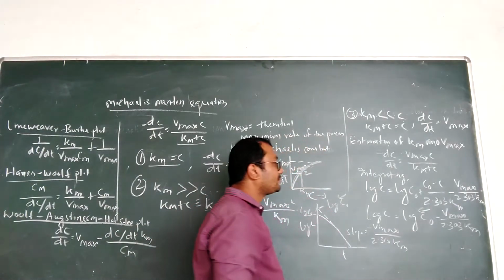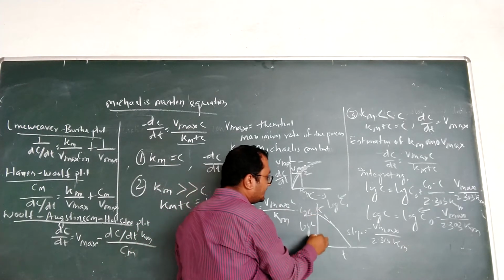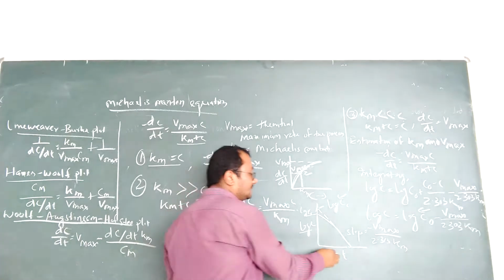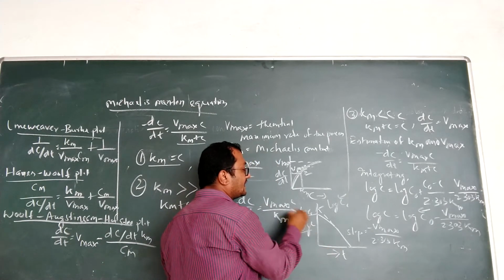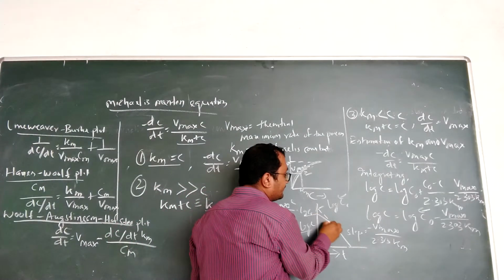In the graph we take log C versus t, time on the x-axis and log C on the y-axis.